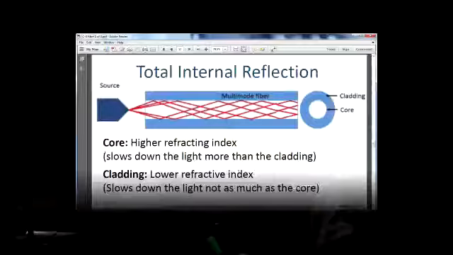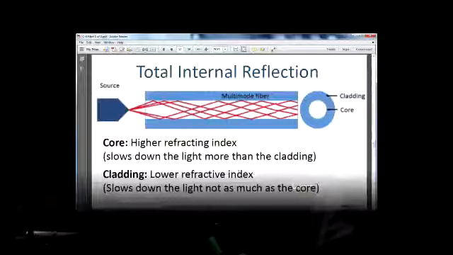The thing in the middle is called the core. That's where all the light travels through. The thing that surrounds the core is called cladding. Cladding is basically surrounding, embedding, hugging, something like that, right?